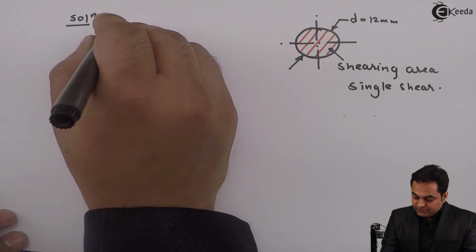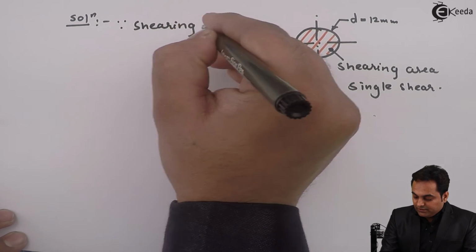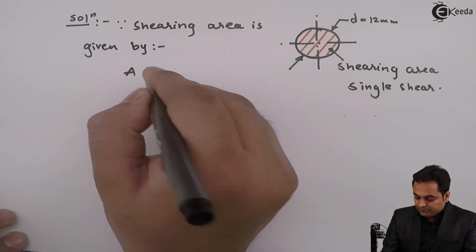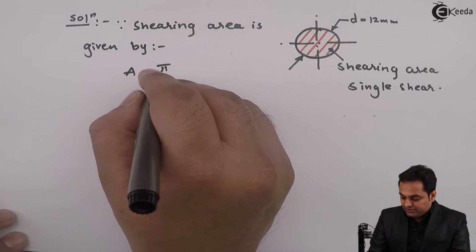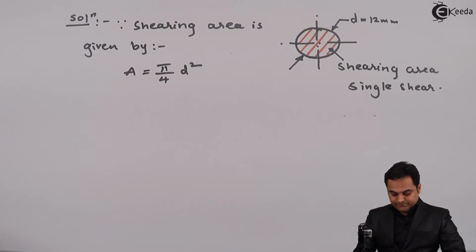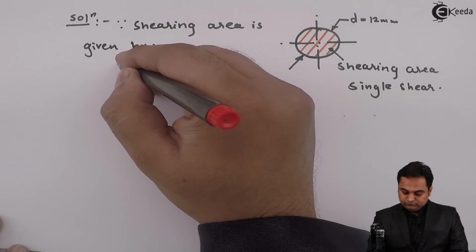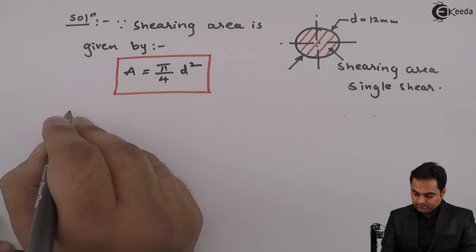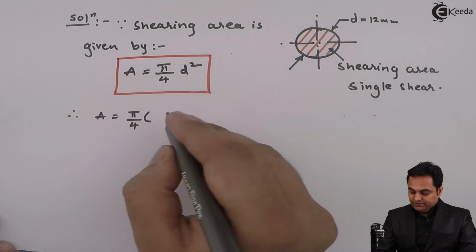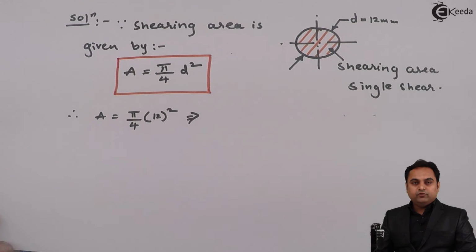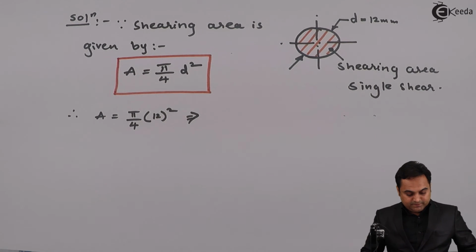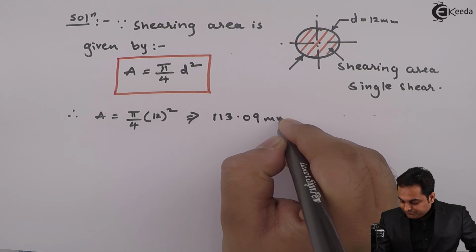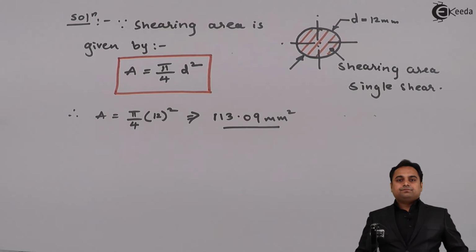So first I'll write down, since shearing area is given by A is equal to, here we are getting cross section area, so pi by 4 into d square. Diameter is 12, pi by 4 into 12 square, and my answer is 113.09 mm square.